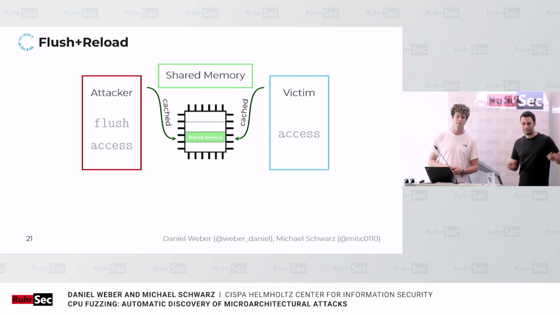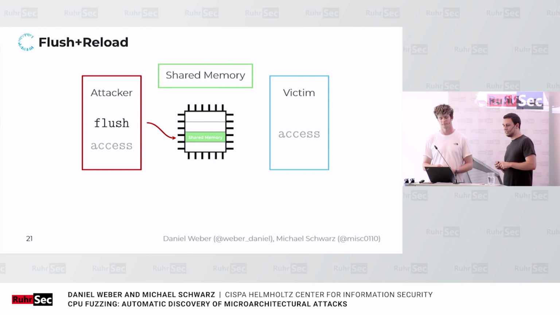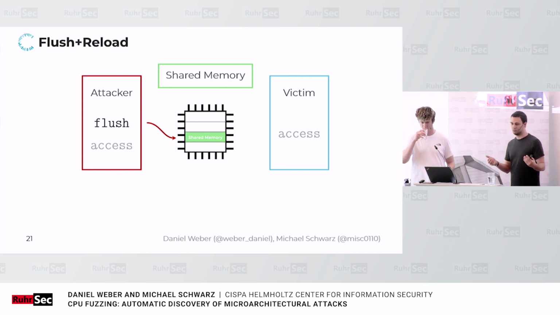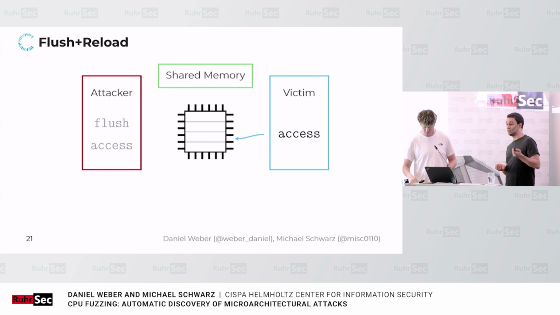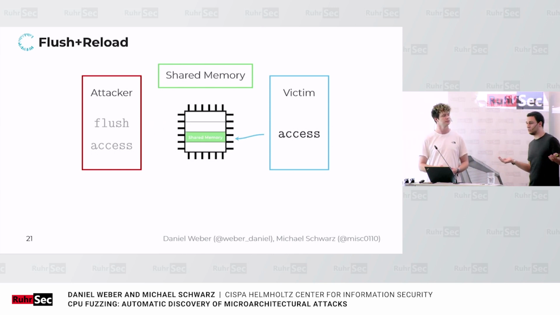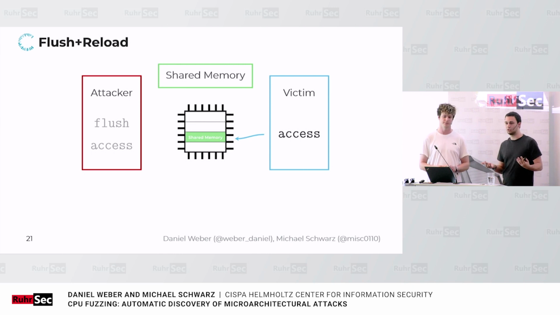So how does the attack work? The basic idea is that the attacker flushes the shared memory from the cache, so it's only in the DRAM, then waits for the victim's turn. The victim might now access the shared data. If the victim does so, it will be cached. That happens automatically.